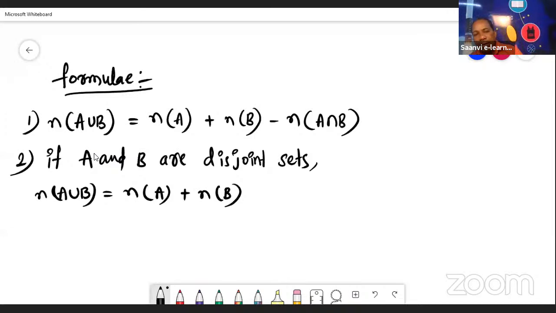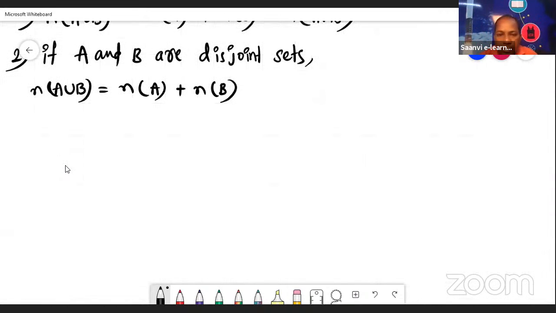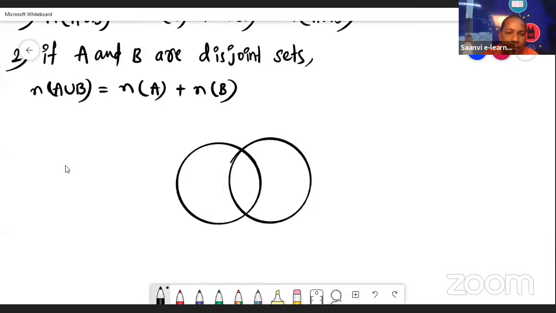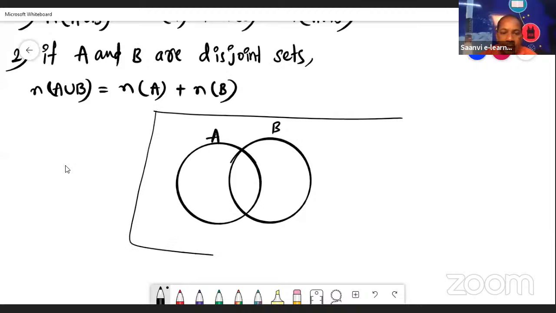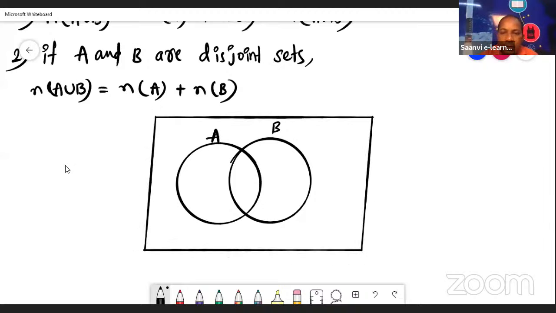See, children, this is set A and this is set B. Now, what is A union B? A union B means this total, A and B total. This total represents A union B.